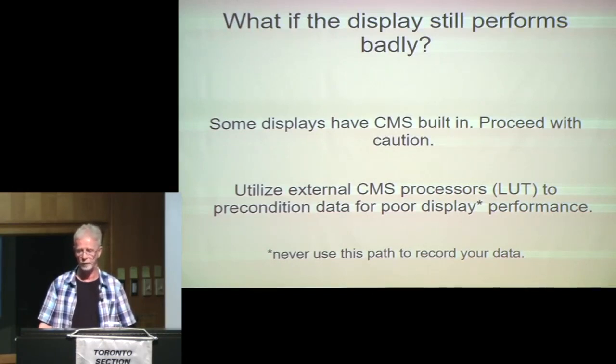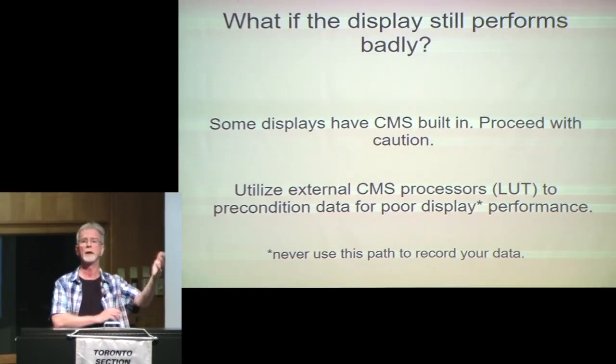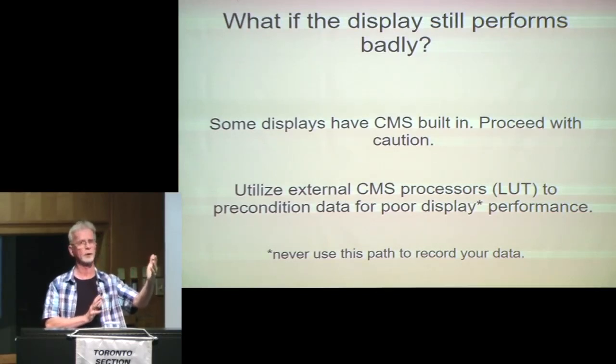An important little side note here: if you've created a display LUT to compensate for your display's failings, so your display looks correct now, you've actually altered the data to make the display look right. I know it seems really weird, but it'll make sense later on.